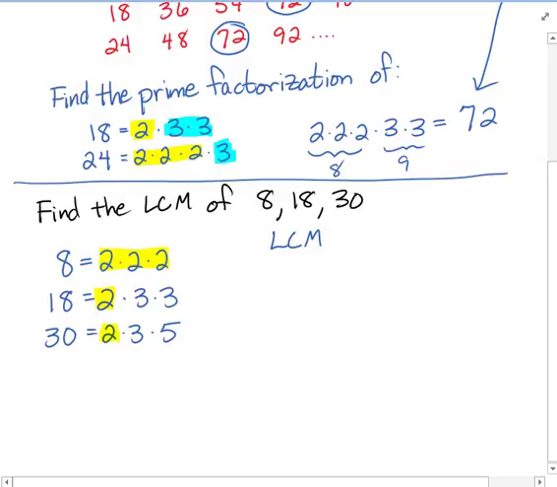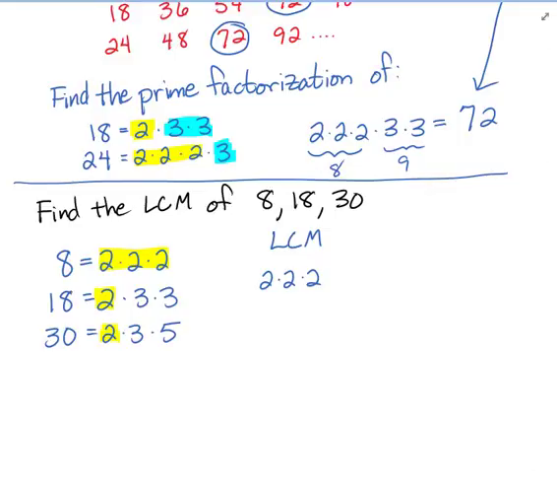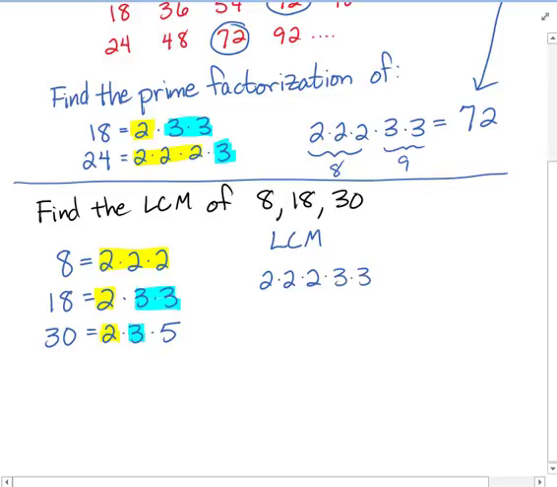Well, the largest group has 3 2's in it, so our LCM is going to have 3 2's in it. So there's our 2's. Now look at the 3's. Look at all the groups of 3's. There's a group and there's a group. Well, what's the largest one? It's a group of 2 3's, and so our LCM is going to have 2 3's in it.